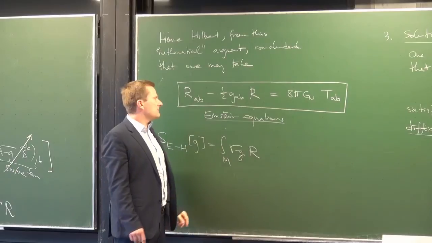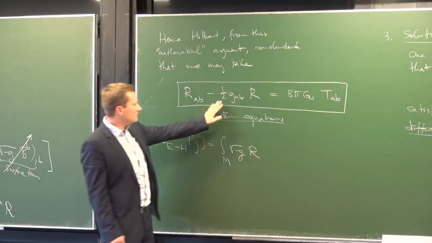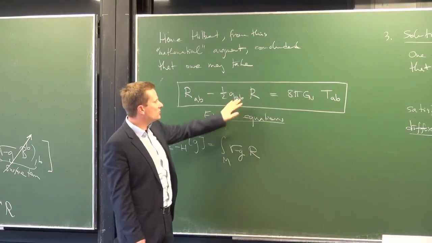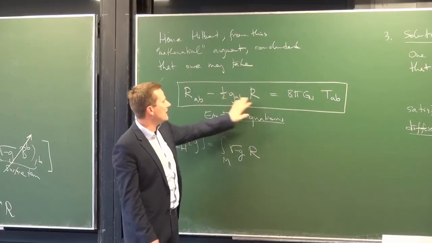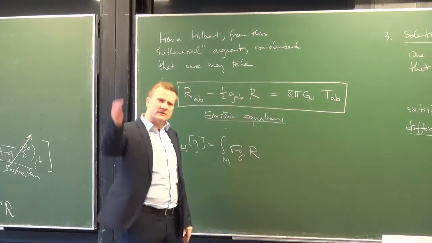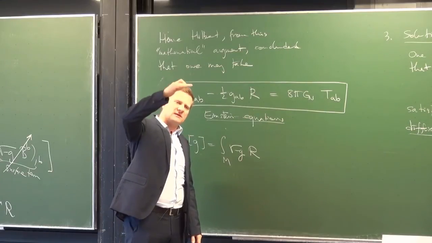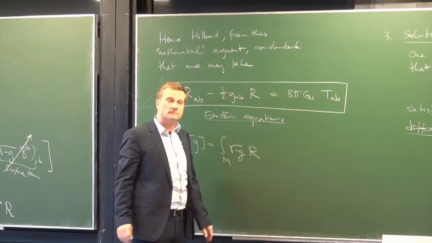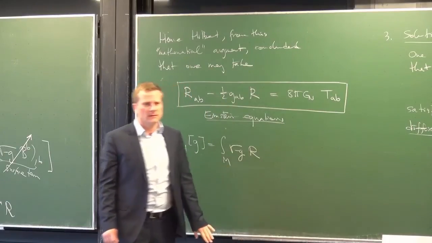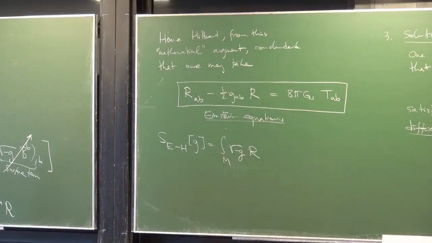There are many other ways by which you can arrive here. A recent result is that you require that you have dynamics for your space-time that is compatible with putting Maxwell theory on it, such that the Maxwell theory remains predictive and is quantizable. And that already fixes the Einstein equations. As I said, at the end of the school, I will talk about this.